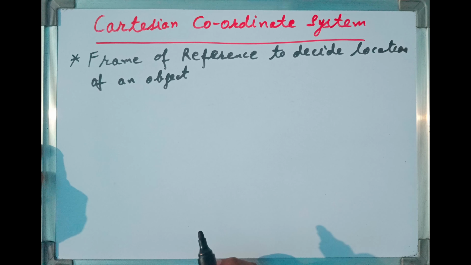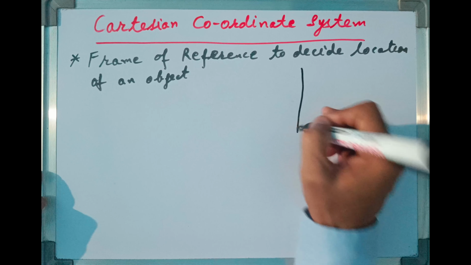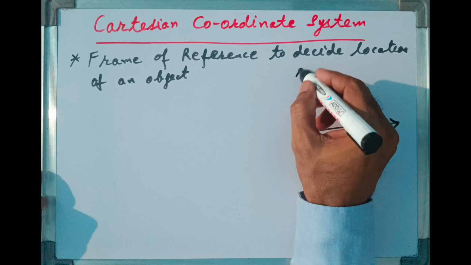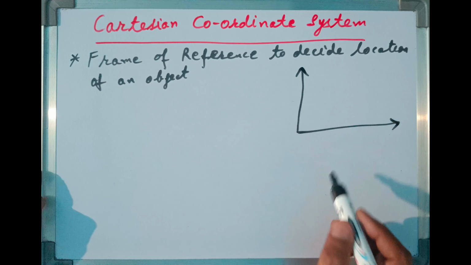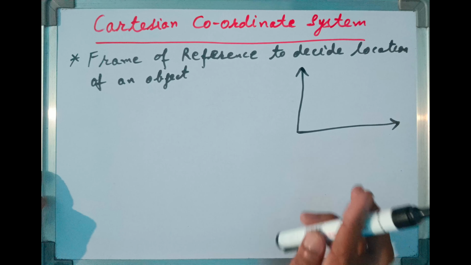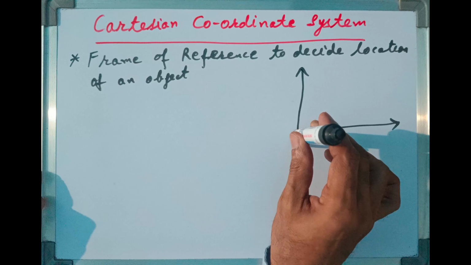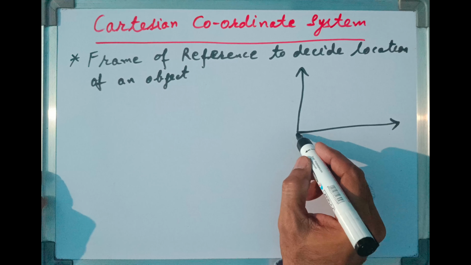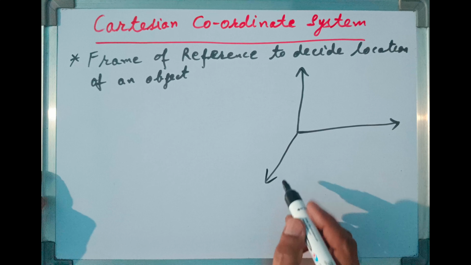Now let us try to understand the meaning of the Cartesian coordinate system. In this system, we have three mutually perpendicular axes. One axis, this one, second is this one. Both are lying in this plane, and the third axis is perpendicular to both these. This pen is representing the third axis, but it is not possible to show it here, so I show this axis with the help of some inclined line.